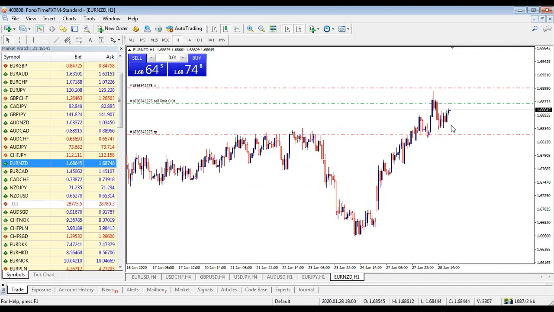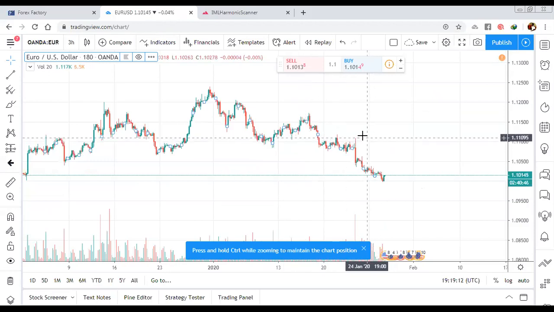For your phone, it is something similar to this, but not exactly like this. I'll be working with just the candles for today's class.